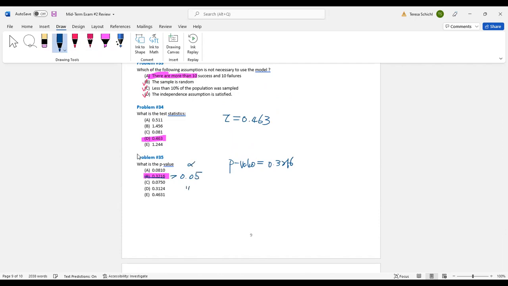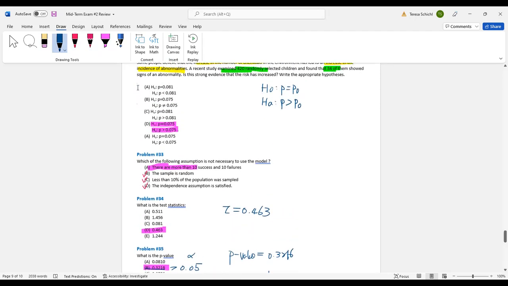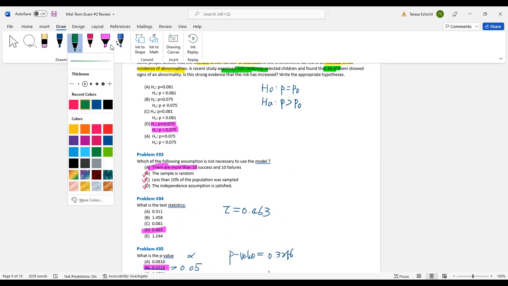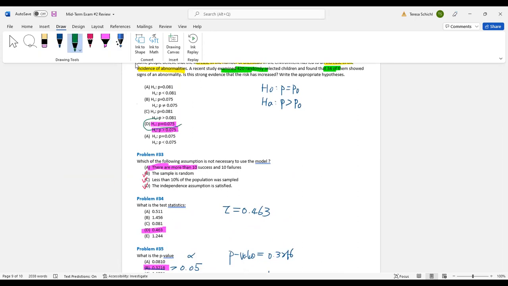If it's bigger, then we fail to reject H0. Now you go back to your hypothesis. Fail to reject H0 means you still stay with H0, right? So that is your conclusion.